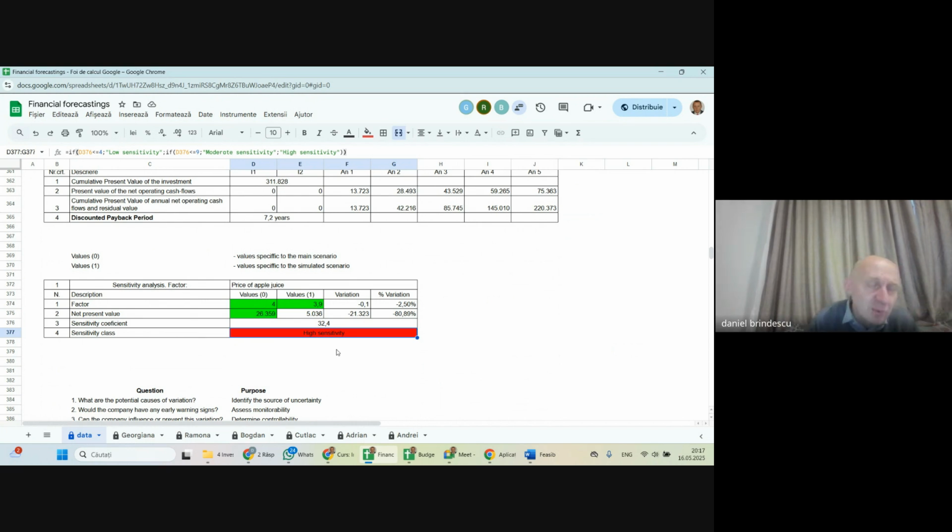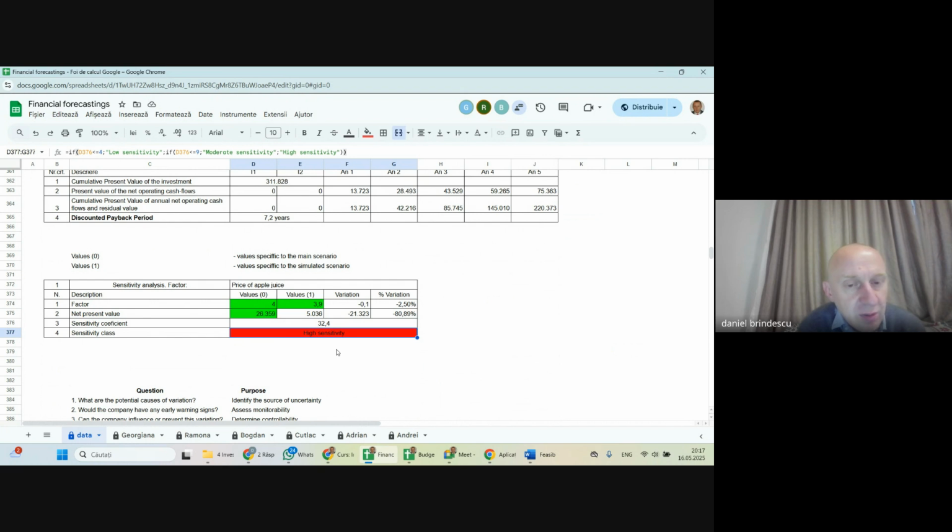Well, I don't know how to put it, because it's not the factor that shows sensitivity. It's the net present value that is sensitive in relation to the factor. So if the coefficient is lower than 4, we are talking about low sensitivity of the net present value related to the tested factor.